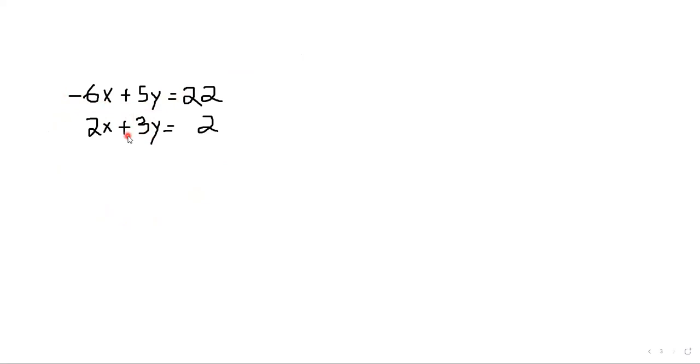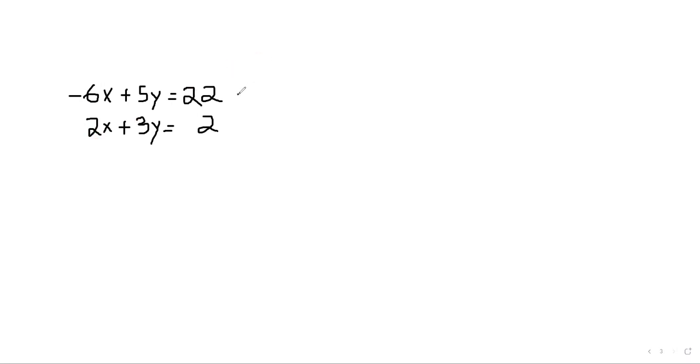That makes it kind of tough to eliminate them. I mean, you can, but why do extra work? But the x's, this is a -6x. That's a negative, and this is a positive. So if I can make this 2x into a +6x, boom, baby, we are in business.